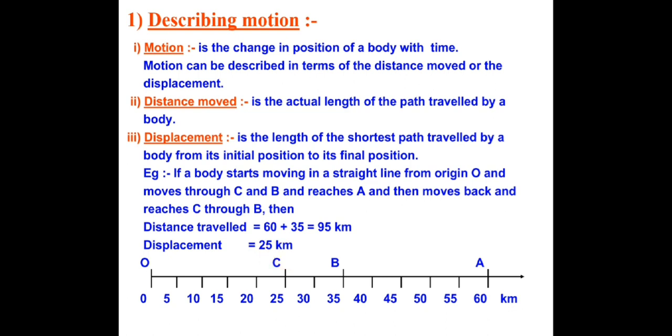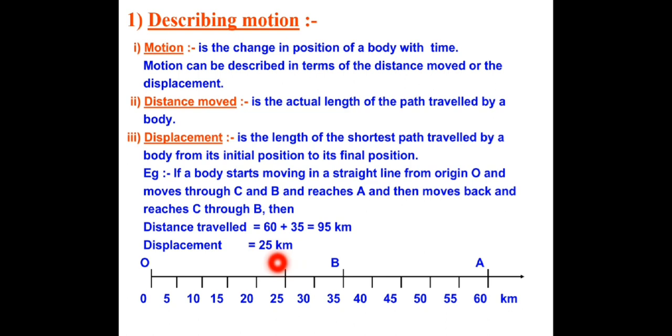We can take a small example of a car. Here the car will start moving from O position to C, then it reaches B and finally it reaches A. So the car started from O position and reaches A, but again the car moves back from A to B and B to C and finally here the car stops.